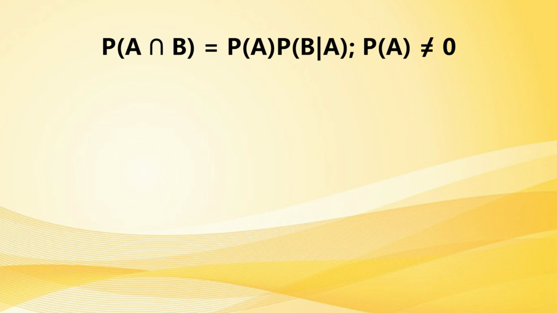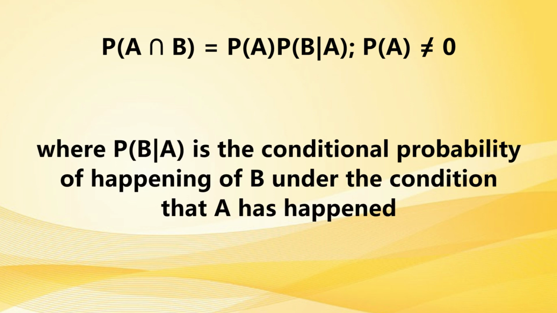This is under the condition that probability of A is not equal to 0, where probability of B given A is the conditional probability of happening of B under the condition that A has already happened.